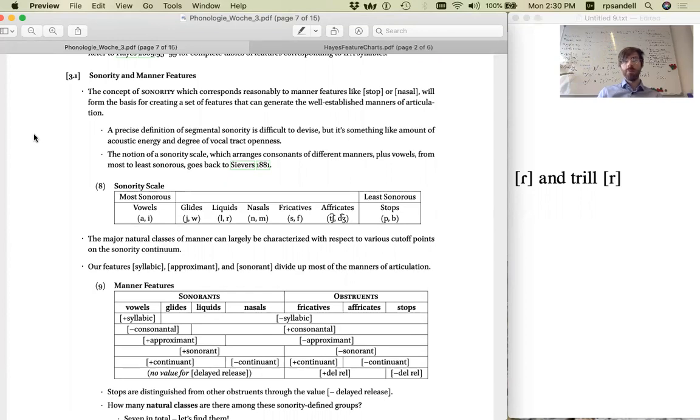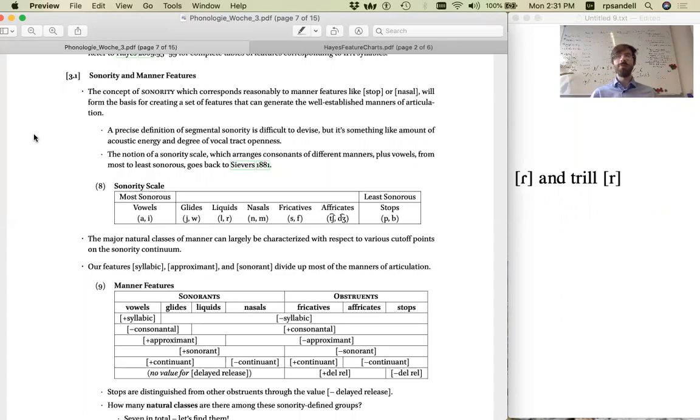And that is going to form the basis for creating a set of features that can generate well-established manners of articulation. Unfortunately, it's difficult to give a very precise definition of what the sonority of a segment means, but we might say it's approximately something like the amount of acoustic energy that a sound has, as well as the degree of openness in the vocal tract.